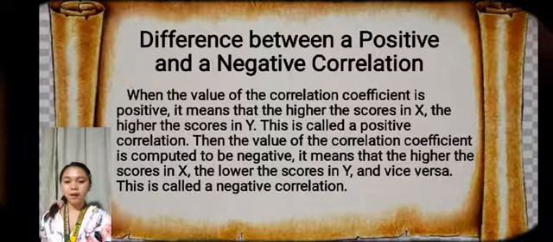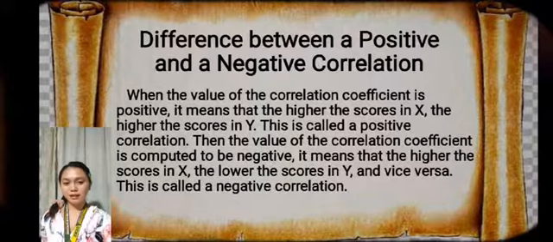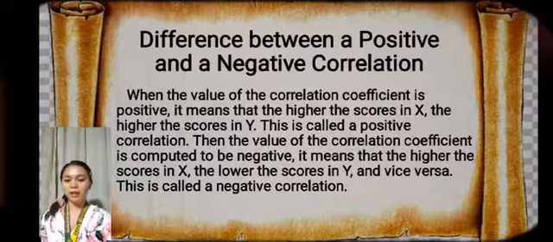When the value of the correlation coefficient is computed to be negative, it means that the higher the scores in X, the lower the scores in Y, and vice versa. This is called a negative correlation. When the same test is administered to the same group of participants, usually a positive correlation indicates reliability or consistency of the scores.